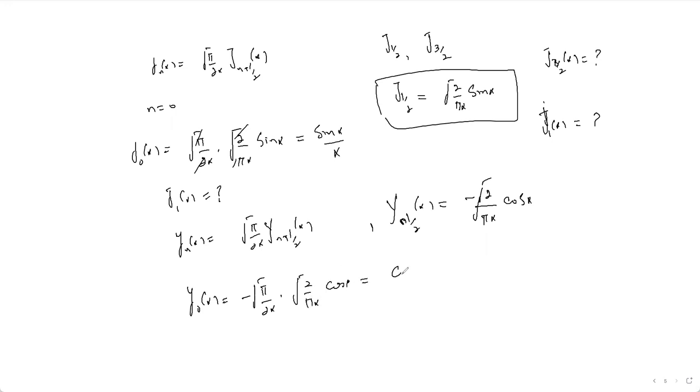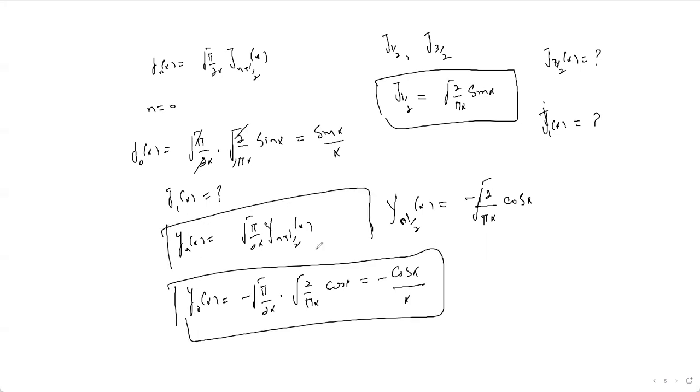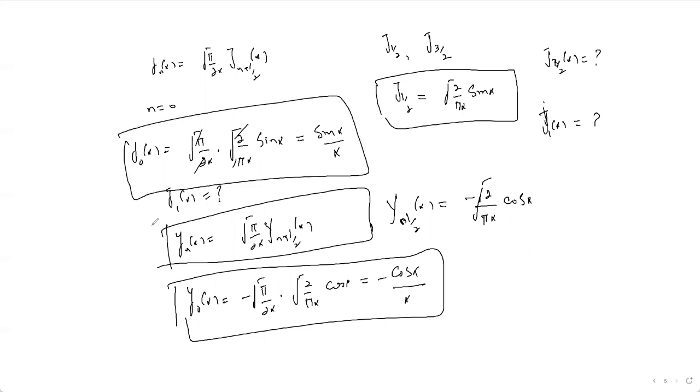So its value will be minus cos of x by x. Fine. So j0 of x is given by sine x by x, and y0 of x is given by this thing.